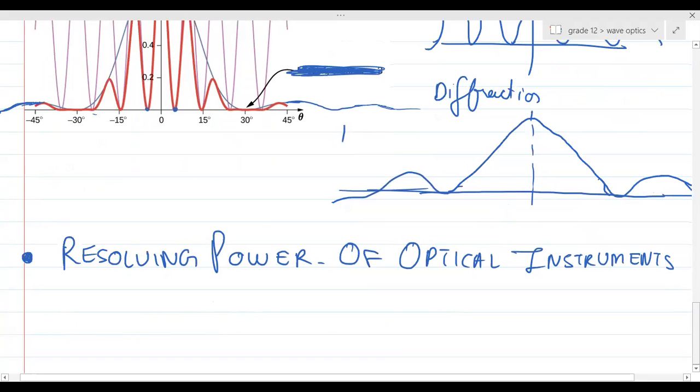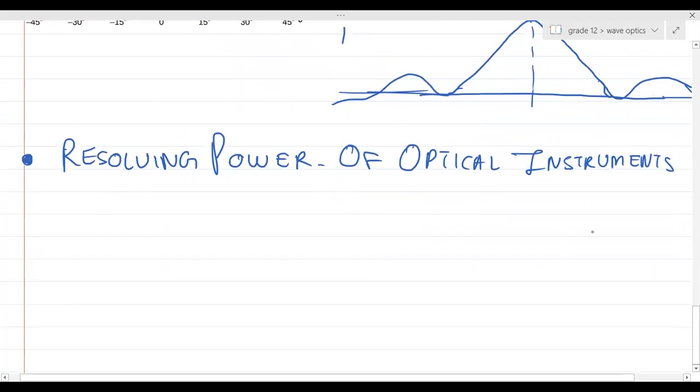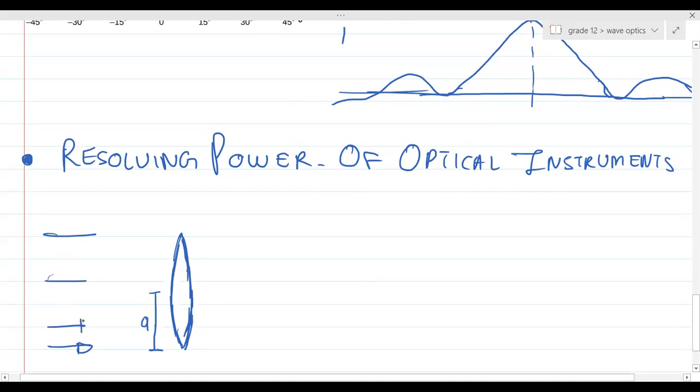Now, suppose I have a circular, spherical lens. This is my spherical lens, because generally in an astronomical telescope we use a spherical lens only, right? So suppose I have a spherical lens of radius a, and I am incident with plane, parallel rays, because the object is far away.